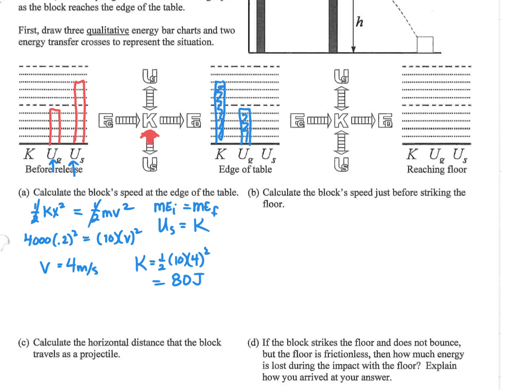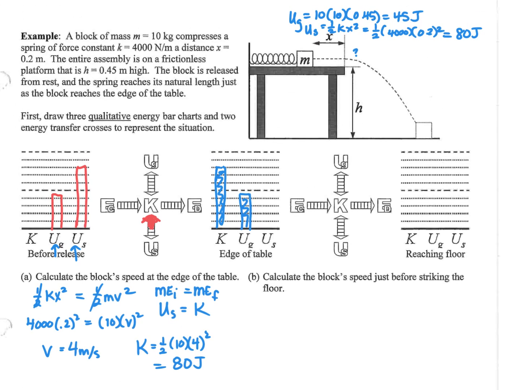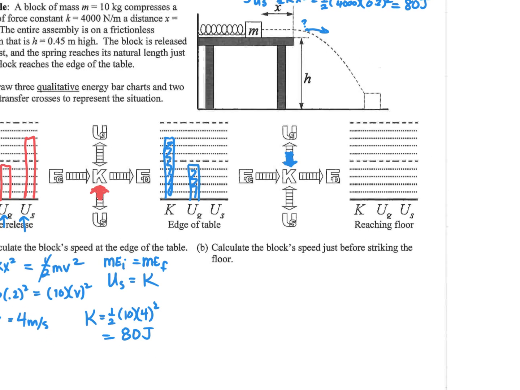So now, what's happening? The kinetic energy is now what? Once it leaves the edge of the table, the gravitational potential energy is going to make it speed up even more, isn't it? It's going to transfer some of it into the kinetic energy as well. So now what do we know?